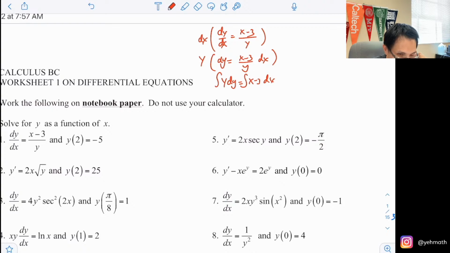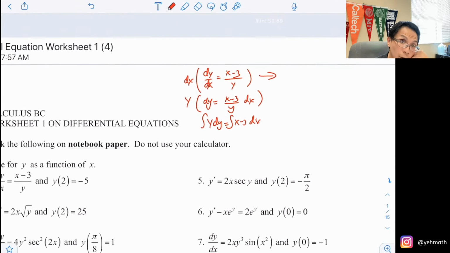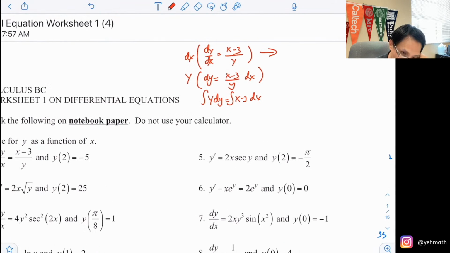So can I integrate both sides? If I integrate both sides, what will happen? You got y squared over 2, right? Is equal to what? x squared over 2 minus 3x.